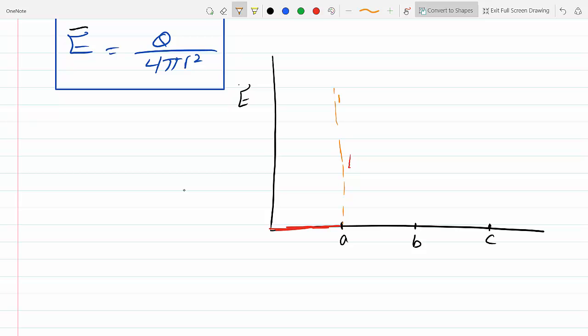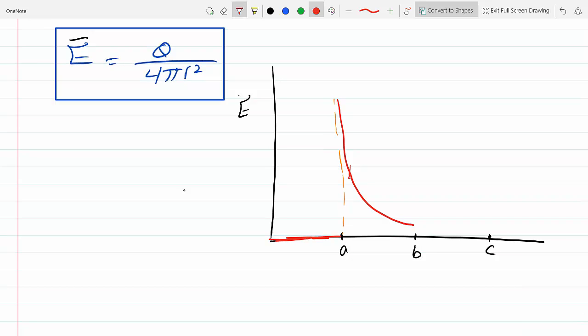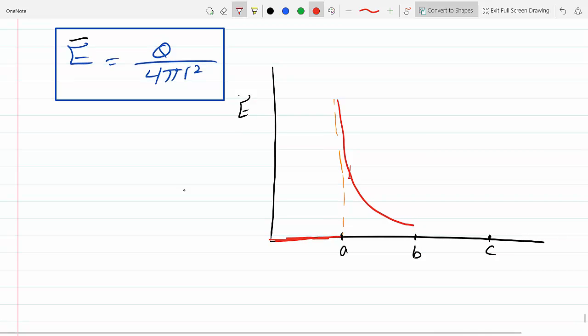So it drops down as a hyperbola, to be between B and C.